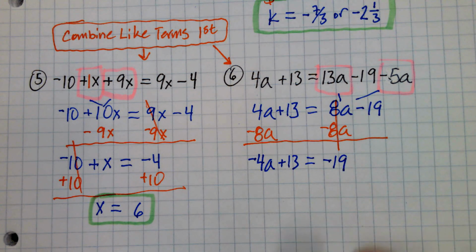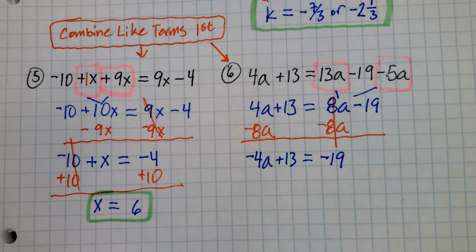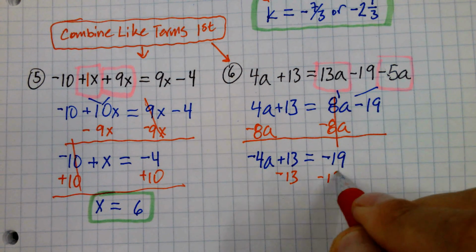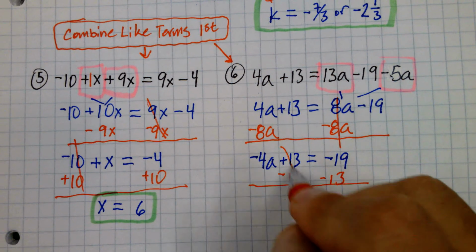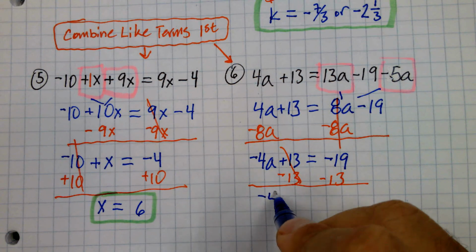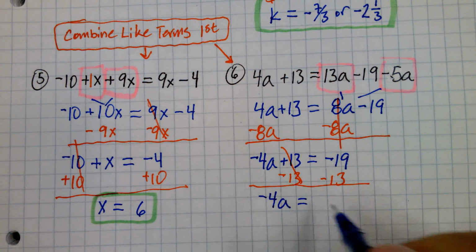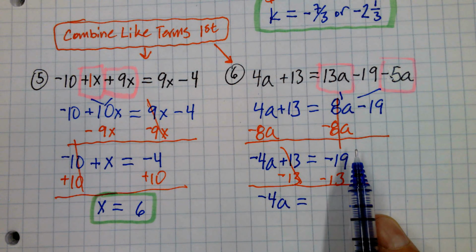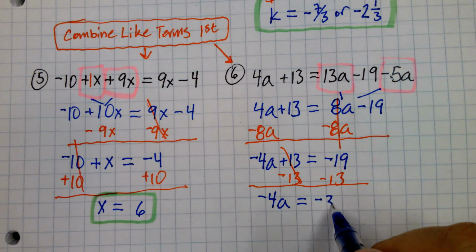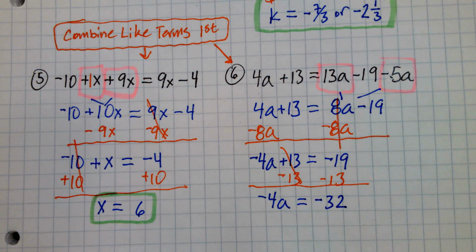Okay. So now the only thing left to do is get rid of this 13. So we'll do a minus 13. Bring down negative 4a. And let's see, we're adding negative 19, negative 13. So add them and keep the sign. That's negative 32.